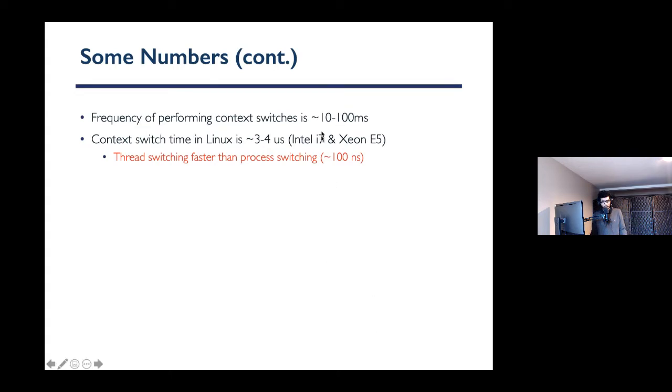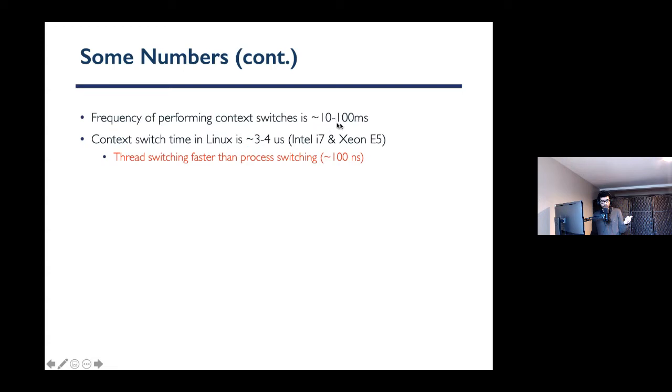If you put these numbers together, you can see that the context switching overhead is negligible, and it has to be negligible. If you're doing context switching in the order of microseconds, then you have a lot of cost here.